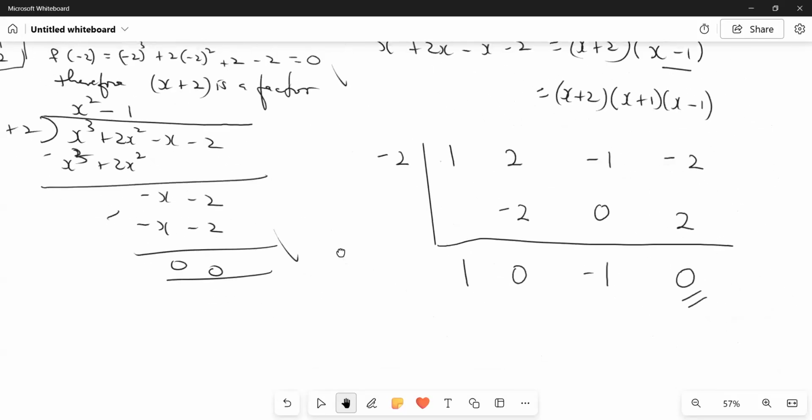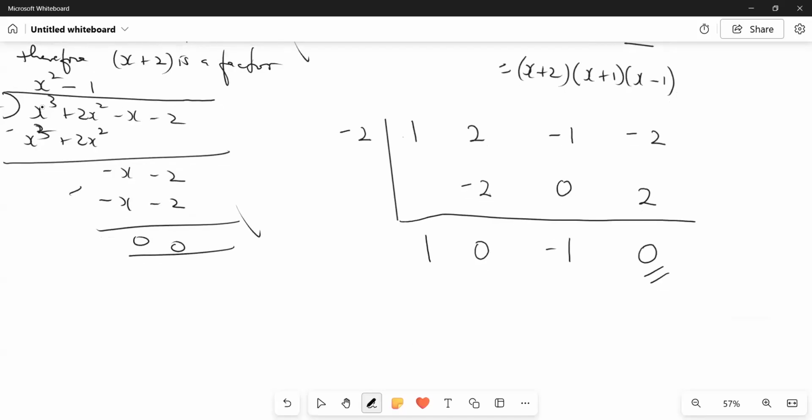What this is telling you now is that when you divide x cubed plus 2x squared minus x minus 2 by x plus 2, this will be the coefficient of x squared, this will be the coefficient of x, 0, 1, and then -1. So when you divide, you get x squared minus 1.